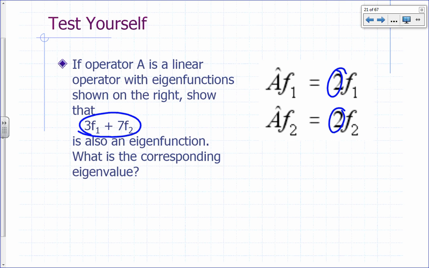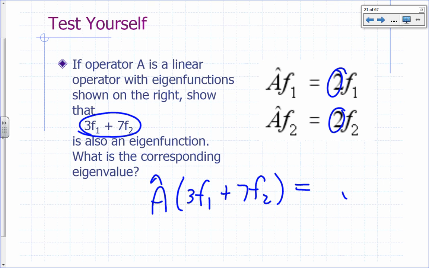What would be the eigenvalue? What number goes here? Also 2. Okay.